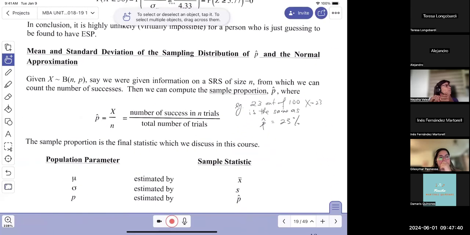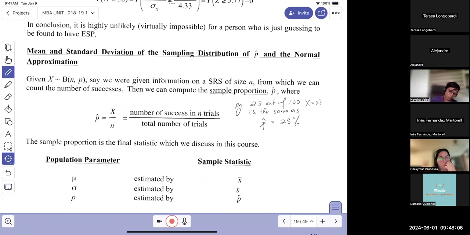Not too much. First, I need to remind you that if X is a statistic, also p hat is a statistic. Okay, so X was the count. As a statistic, p hat is an estimate of what? P hat estimates p.